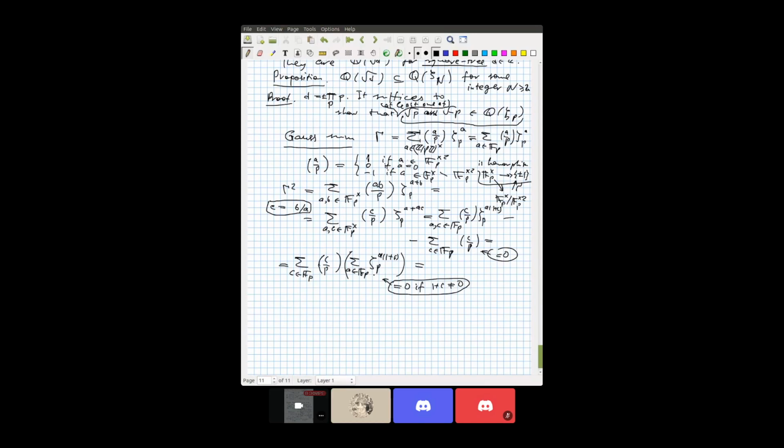And if 1 plus c is 0, then this is p. So it is minus 1 over p times p, and that's it. You can write this more explicitly, like minus 1 to the power (p minus 1) over 2, times p.